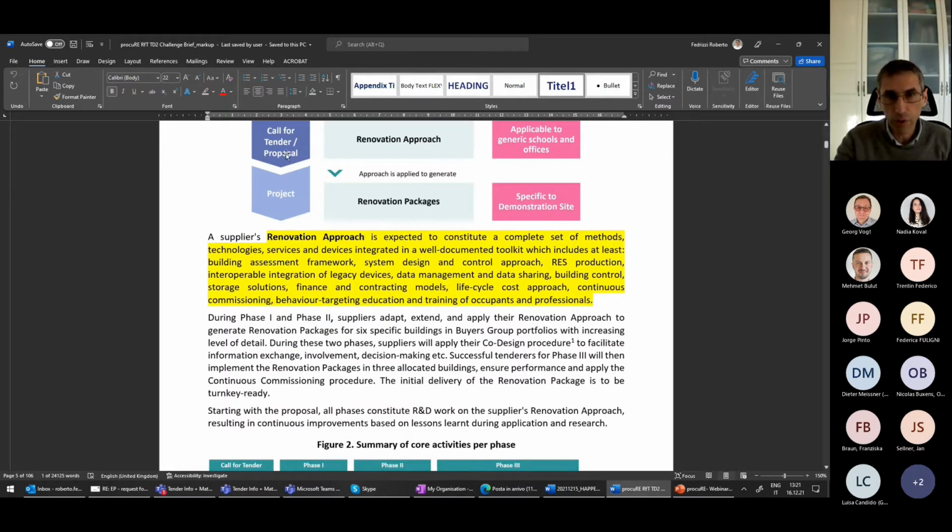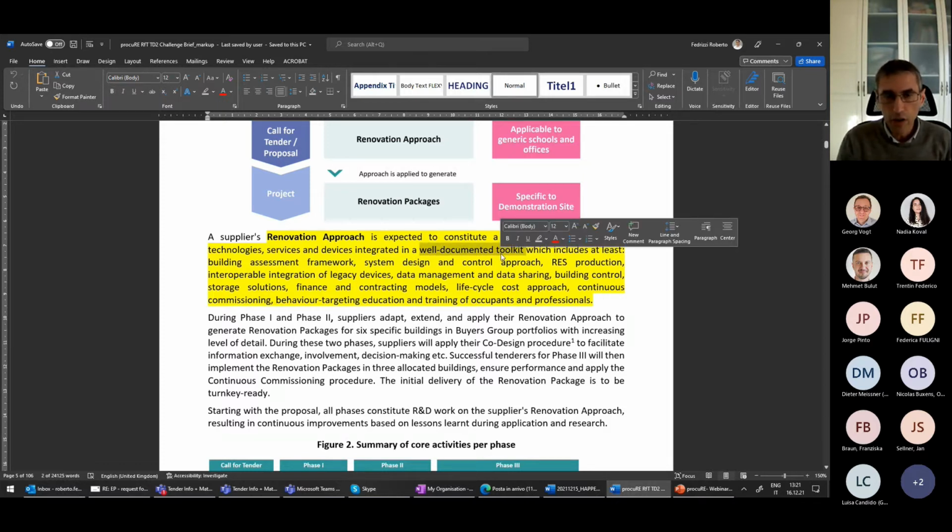Renovation approach is what we want to get, defined by March next year, in this initial phase. For us, the renovation approach is a well-documented toolkit of how the suppliers would tackle all the challenges that I mentioned in my initial slide.